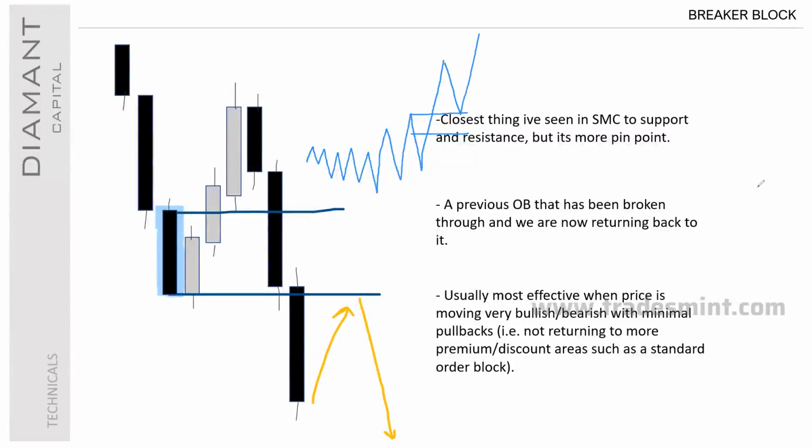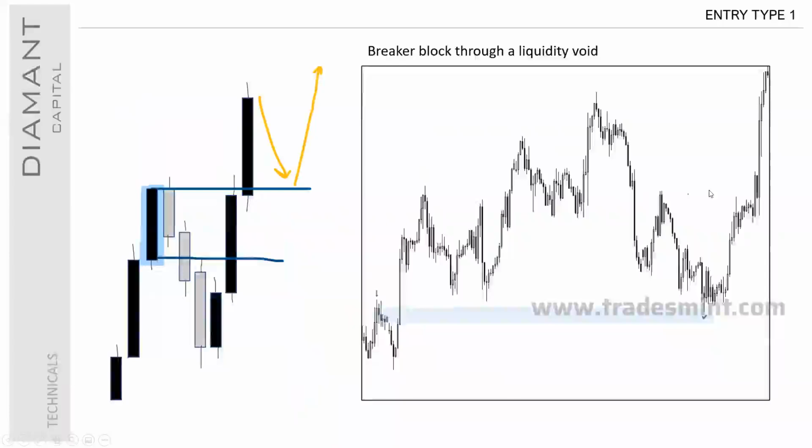Now, moving on to entry type 1. First one is a breaker block through a liquidity void. So what do I mean by that?